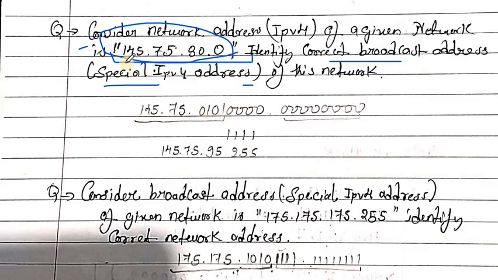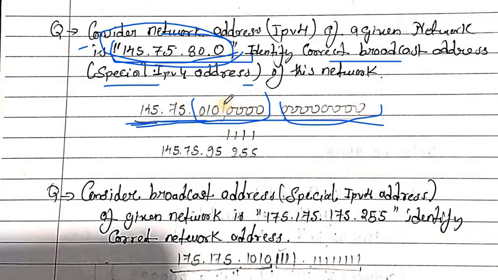If we write the binary string of this IP address, we get this. We have extracted only these 2 parts in binary form, and the starting 2 digits we have not done because we don't need them.